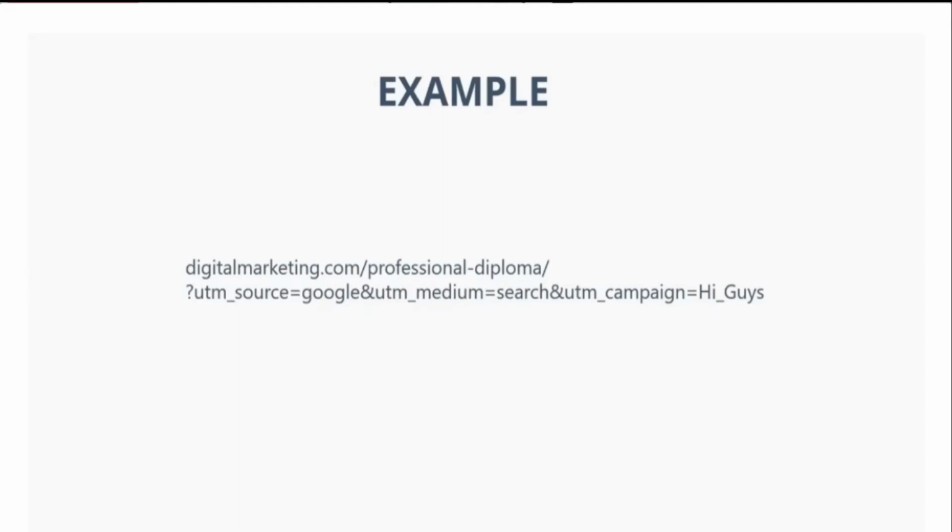Then the medium, which is search, so we know what campaign type it is. And then the campaign UTM is hi guys, and that's for you. We can now see Google or analytics would take this information, and in our reporting, we would be able to see that this has come from Google search under the campaign hi guys.